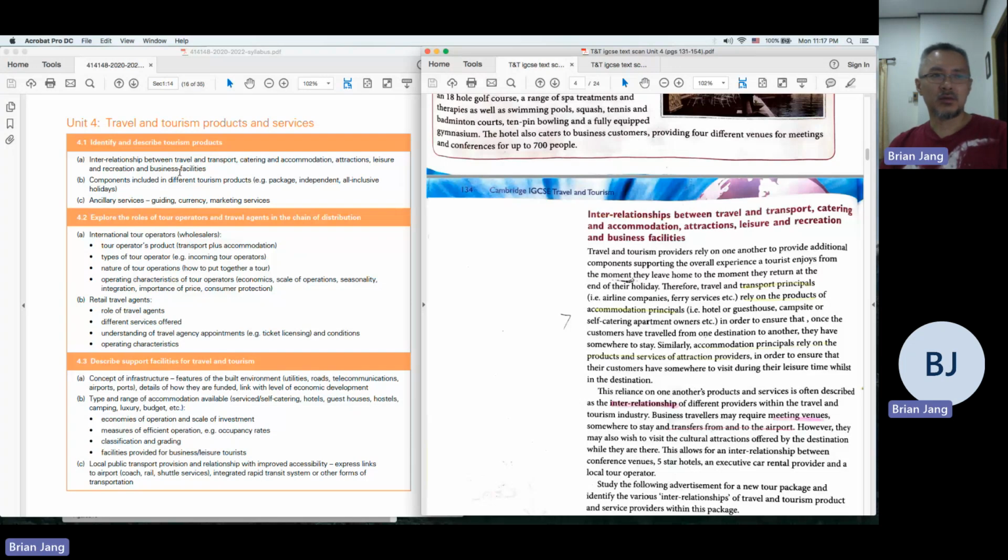When I explained the travel and tourism amalgamation, all of the different components of travel and tourism make the full trip, holiday, vacation experience. This is how each of these components depend on each other.